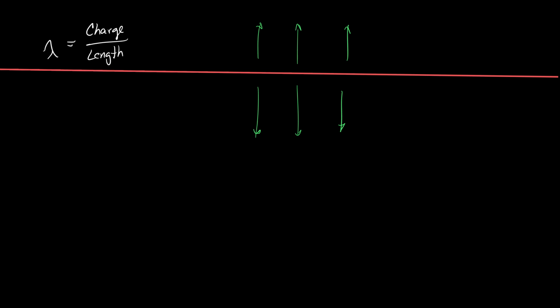But can we also recognize that if I was to somehow look down the length of this infinitely long line of charge, the electric field probably looks kind of like this if I'm looking down the length of the wire? Would you guys agree with that too? So we want to exploit this symmetry, but the first thing I want to do is figure out what the exploitable parts are.